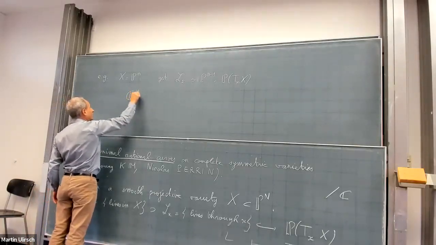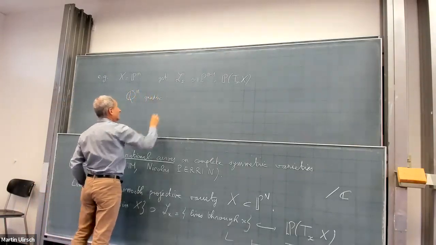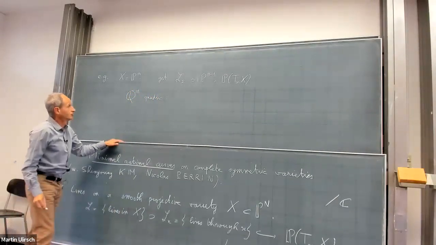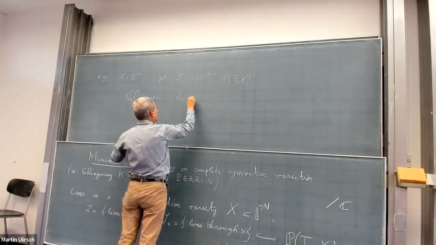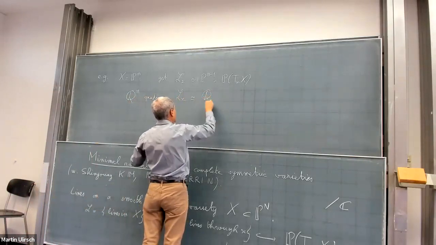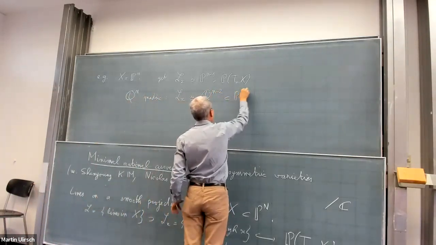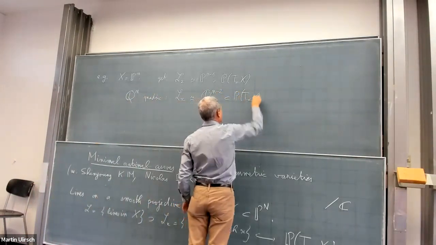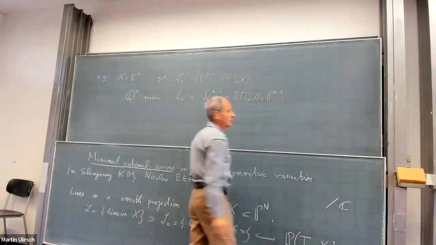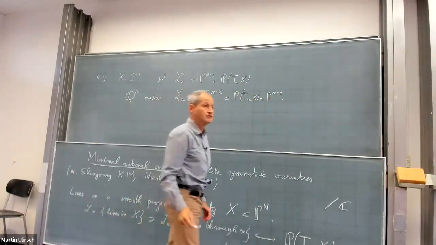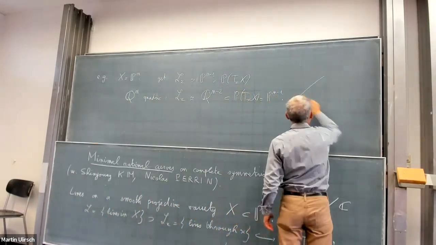So the next example is a quadric. And then it's easy to see that you get another quadric of dimension n-2 in the projective space of tangent directions, which is now n-1 again. Well, the picture is very easy. Either you write equations, immediate, or you think of it this way.